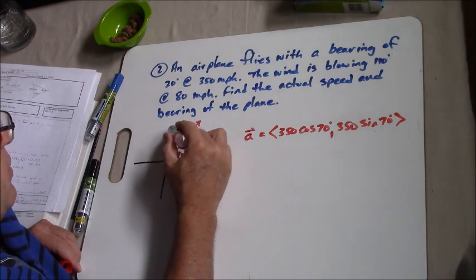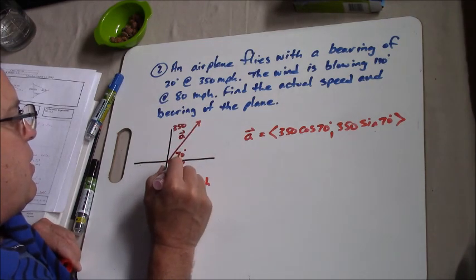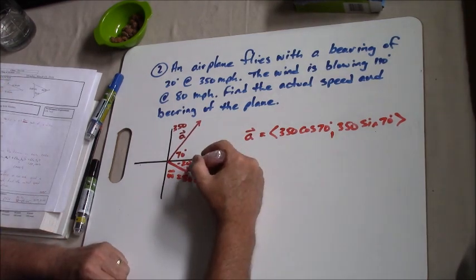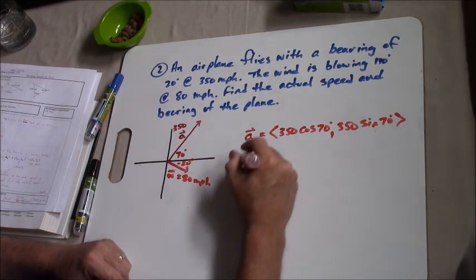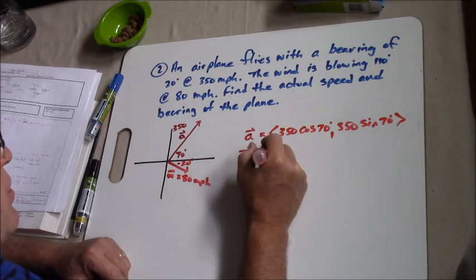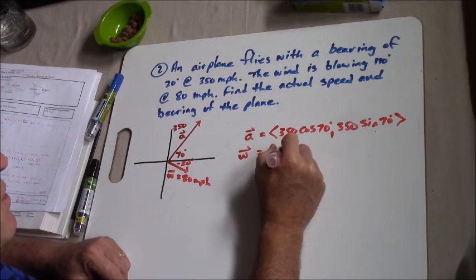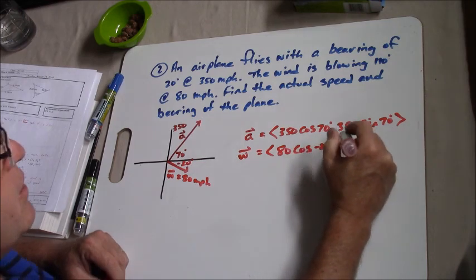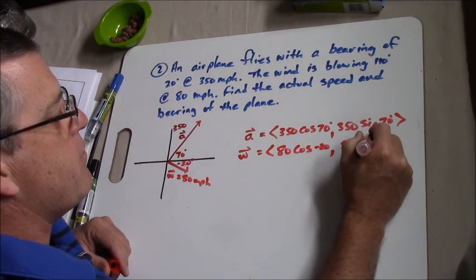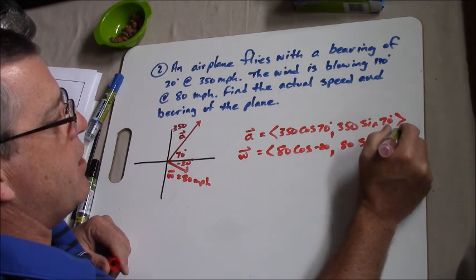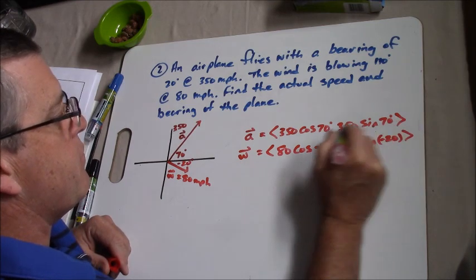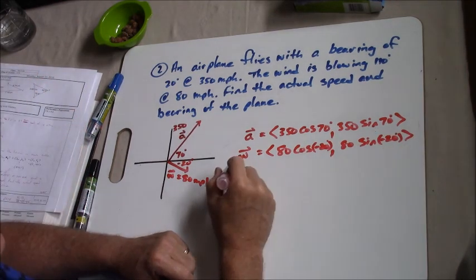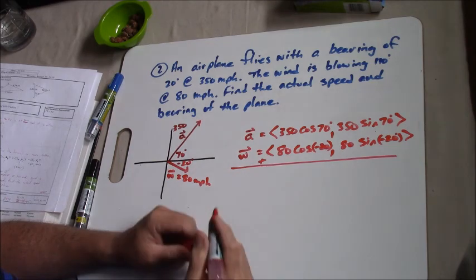And if I went 110 degrees, this angle right here is 20 degrees, but I got to call it a negative angle because that's how you'd measure it with the positive x-axis. So vector W is going to be 80 cosine negative 20, comma 80 sine negative 20 degrees. And all I want to do is add those two things together.